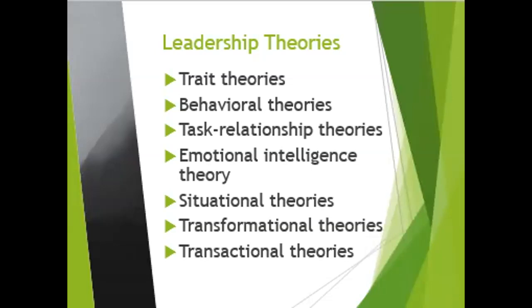Our emotional intelligence theories focus on the ability of leaders to manage their emotions and those of their followers. These leaders possess the following traits: empathy, which is being able to make emotional connections with others; self-awareness, where they're able to recognize and understand their own emotions; self-management, so they can control their personal emotions; and relationship management, which uses their emotions to successfully interact with and manage others.